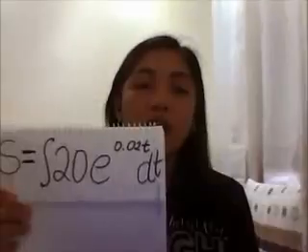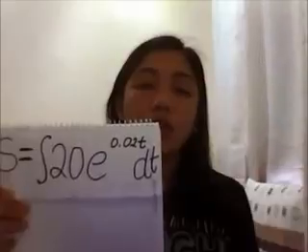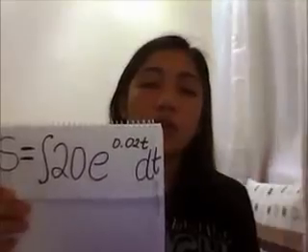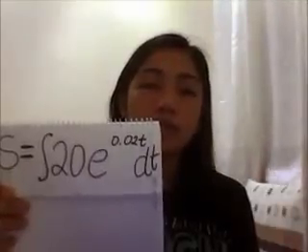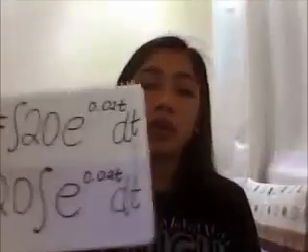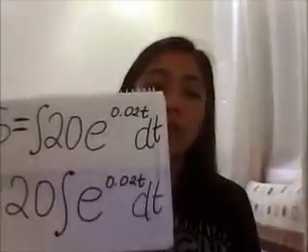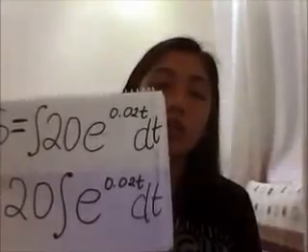From this, we can derive the total amount of silver consumption through integration, which will lead to the equation S equals the integral of 20e^(0.02t) dt. Considering 20 is a constant multiple, you can take it out of the integration symbol, leading you to 20 times the integral of e^(0.02t) dt.